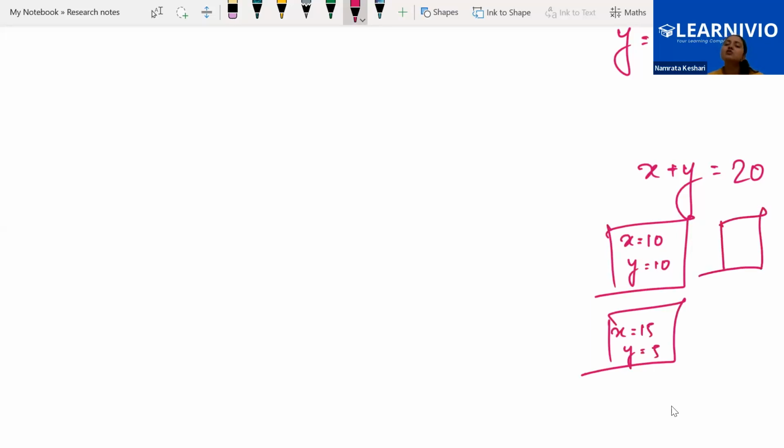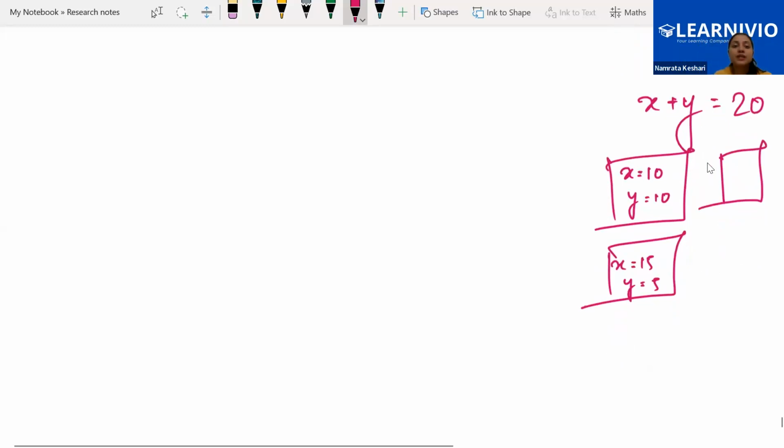There are so many numbers which will satisfy this equation, decimal numbers also. We are talking about all the real numbers. So there are infinitely many solutions when we have a linear equation in two variables. With just one equation, there will be infinitely many solutions.